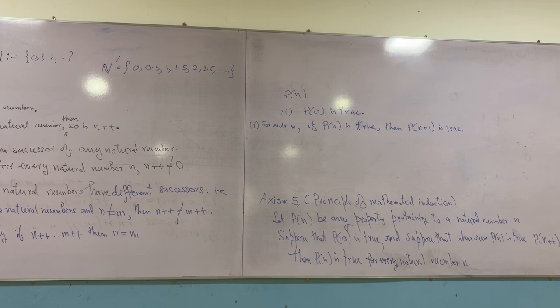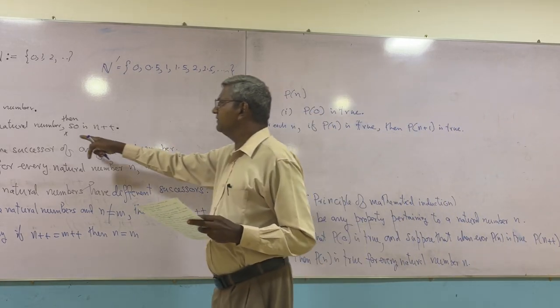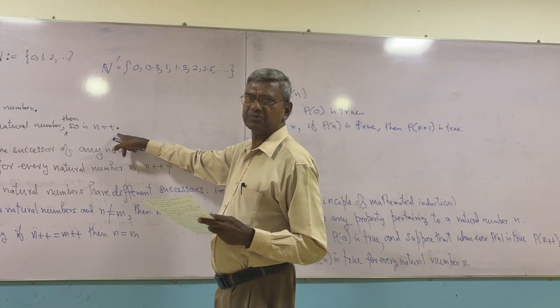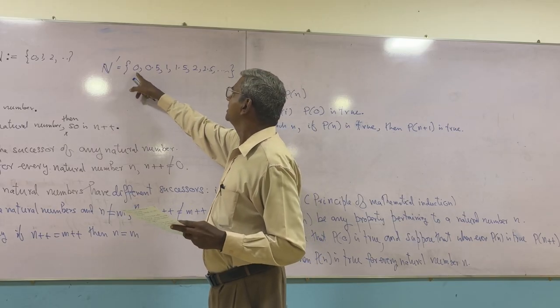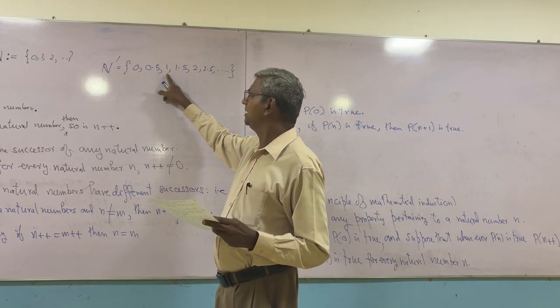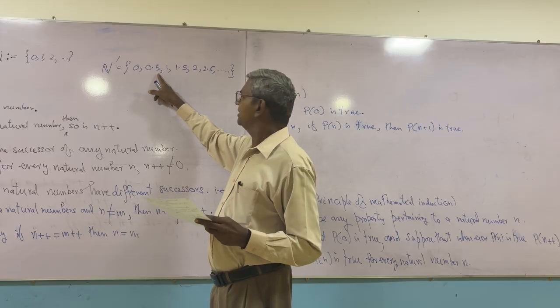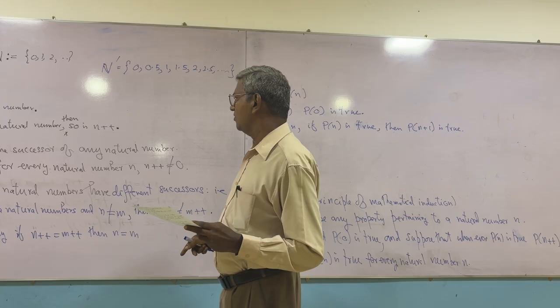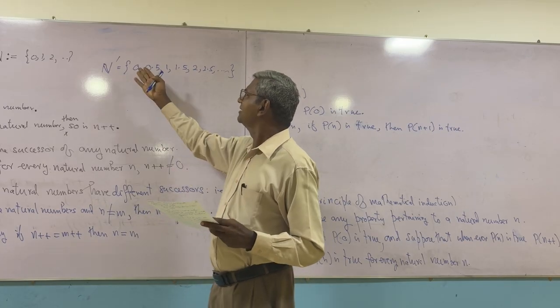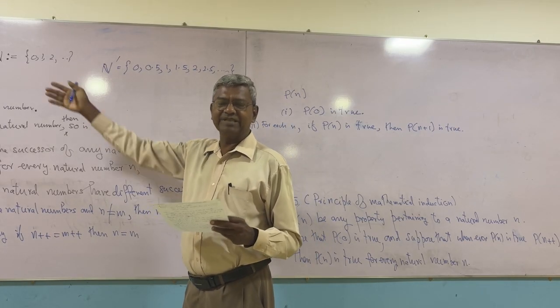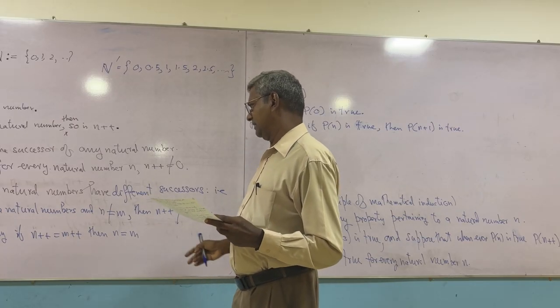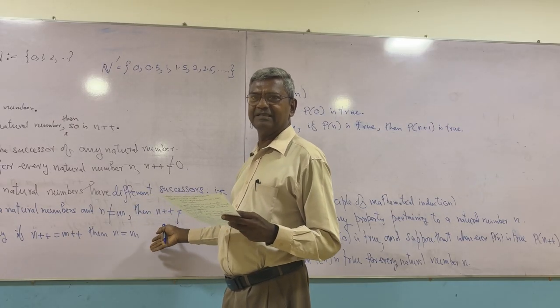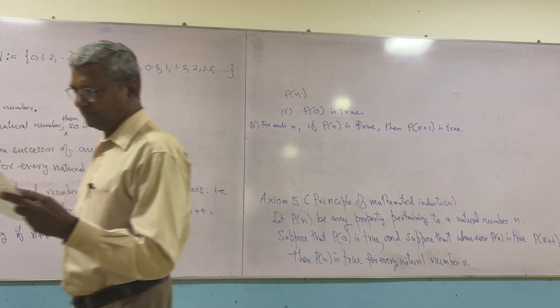He says n dash satisfies axioms 1, 2, 3, 4. 0 is there anyway. If n is a natural number, so is n plus plus. If you take 0, 0 plus plus is 1, a natural number. If you take 0.5, 0.5 plus plus is 1.5. That is, 0 is not the successor of any natural number. Nothing before 0. And if n plus plus equals m plus plus, then n is equal to m is also true.